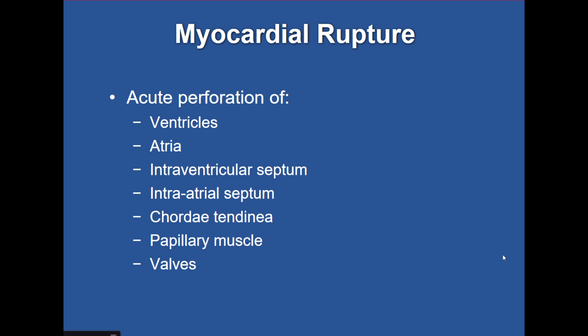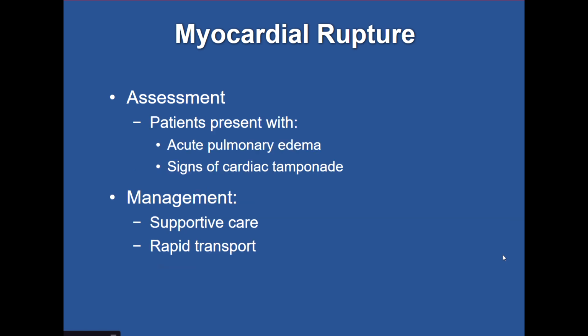This can be from severe blunt force trauma, but it also could be from some penetrating object, either from the outside or bone fragments from a fracture that occurred inside. Alright, so oftentimes these patients will present with pulmonary edema that comes on like that. They will also show signs of cardiac tamponade, mostly because the blood is bleeding into that sac.